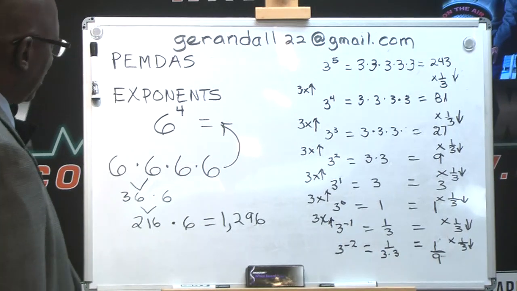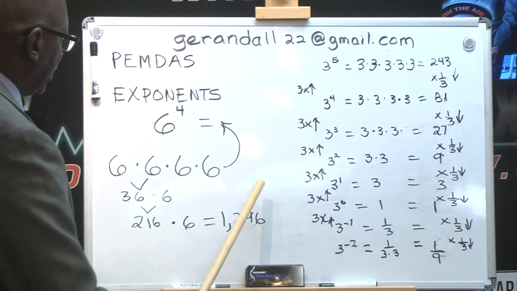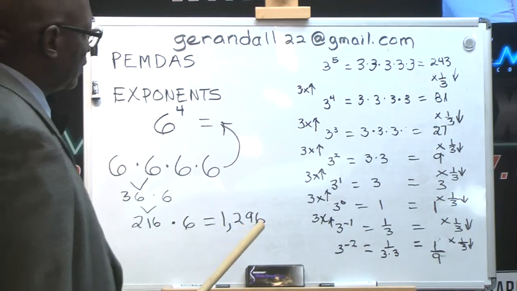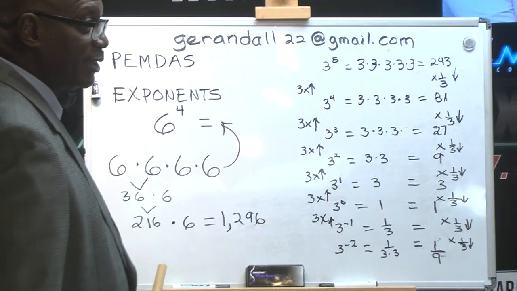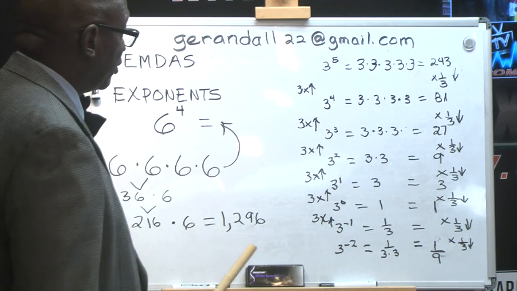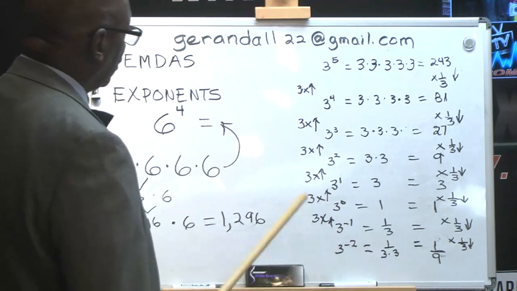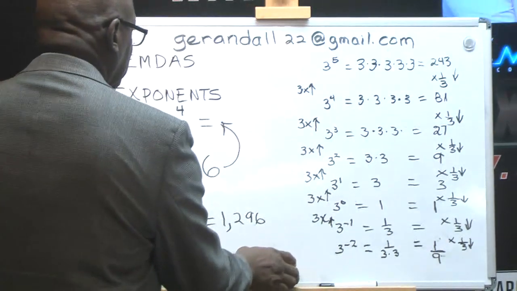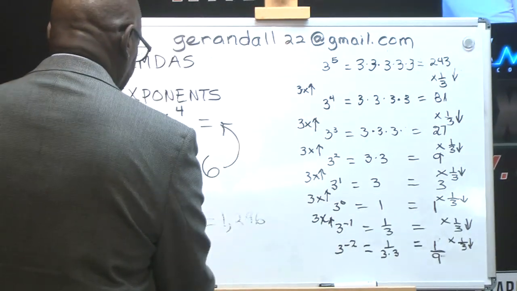Now, I write this up that way because you're going to see things when we talk about some properties of exponents. But for right now, we're going to look at this particular item over here, which is 3 to the 5th power.